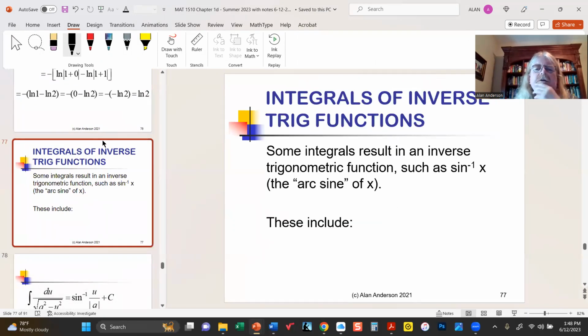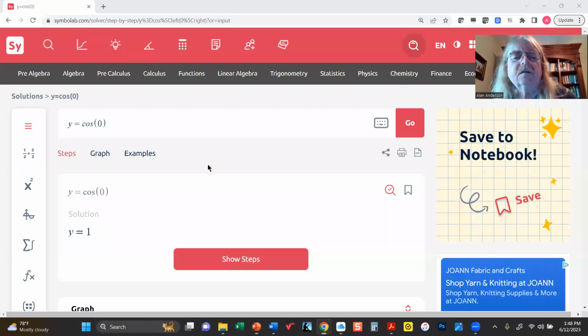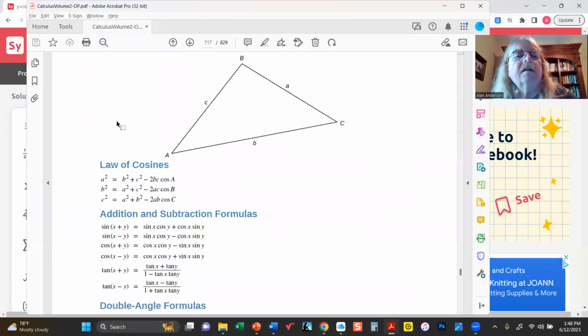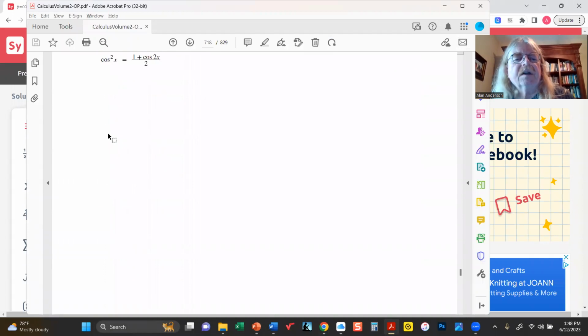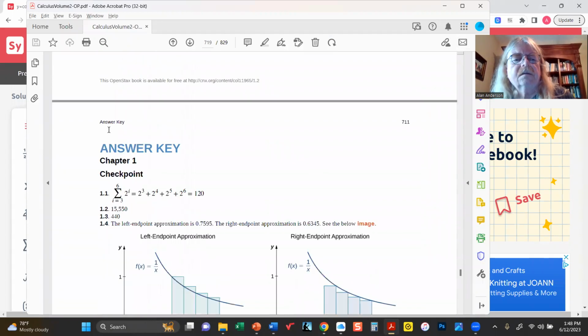Now, here's where it gets interesting. Remember, we looked at this chart a couple of other times. And some of these definitions, let's go back to the book for a minute and not look at the chart of derivatives, but of integrals.